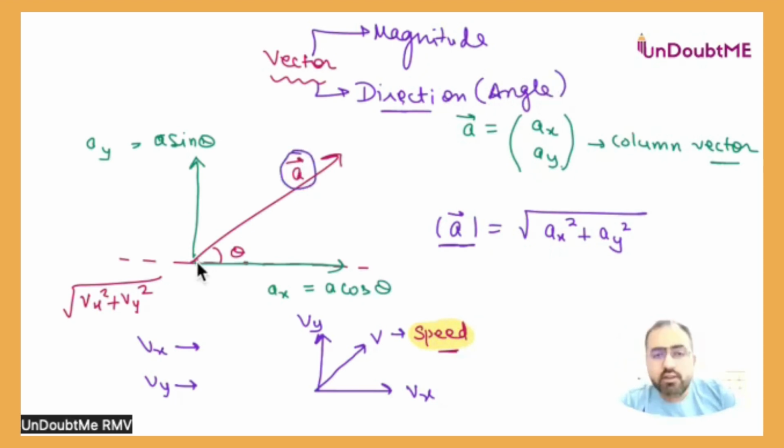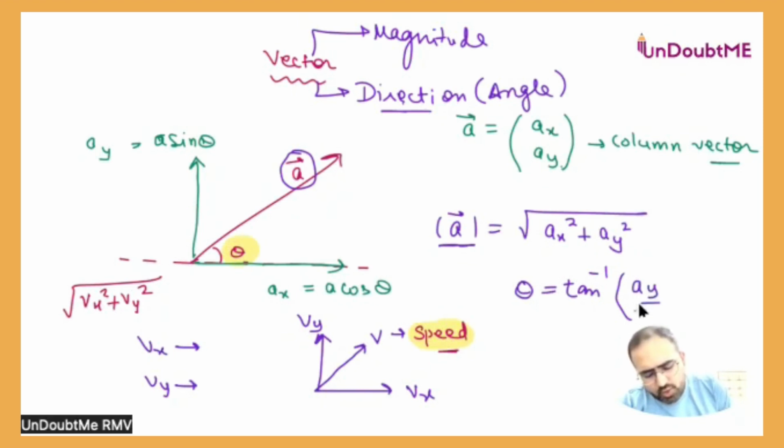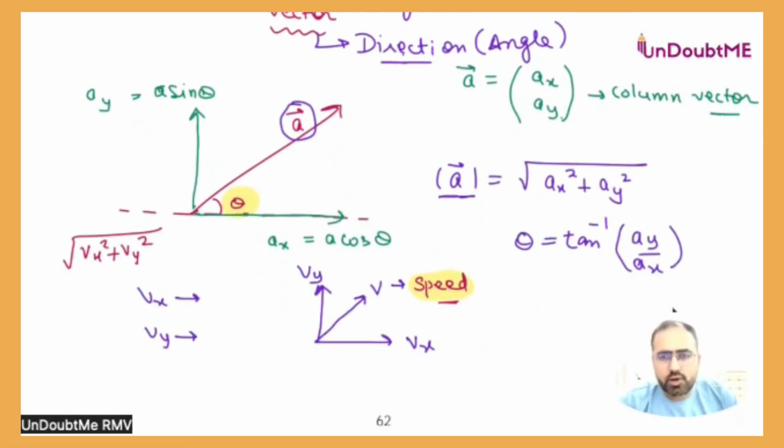It is inclined with respect to horizontal at a certain angle that you can see over here also. If I have to find this angle, I will just do theta is equal to tan inverse of AY over AX. Why AY?